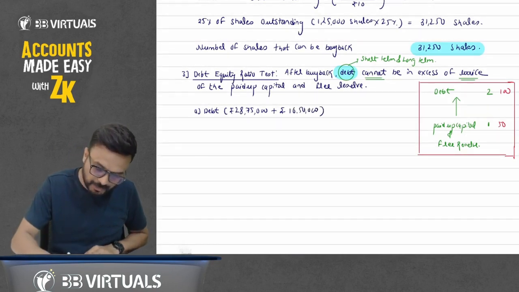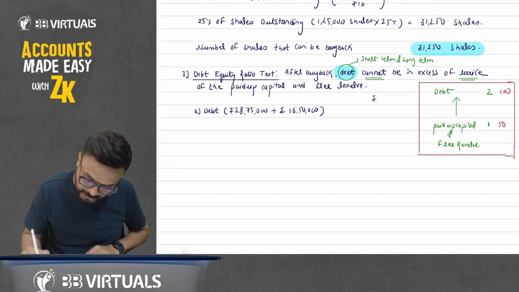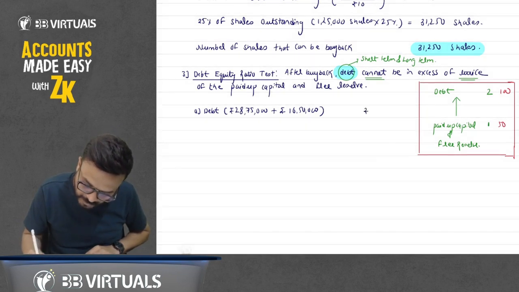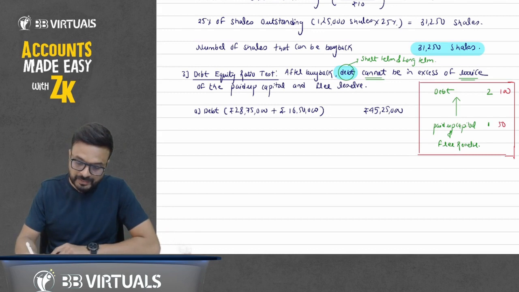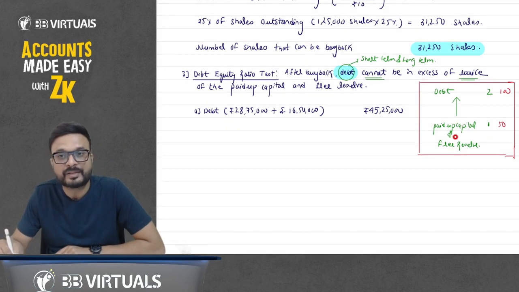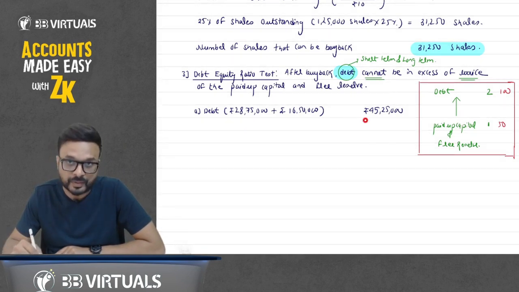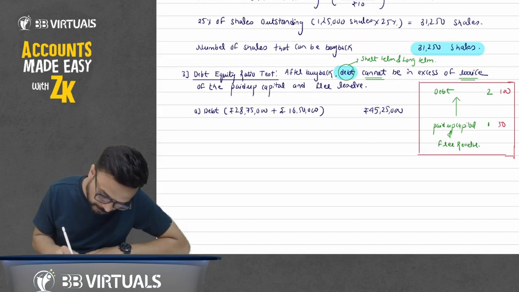So your total debt is 28,75,000 plus 16,50,000, which is 45,25,000. This 45,25,000 is the current debt. If I say this 45,25,000 is 100, how much should be the minimum paid up capital and free reserve after buyback? 50% of this. Why 50% of it? First write it down, then we'll connect it. Okay, write down point number B.